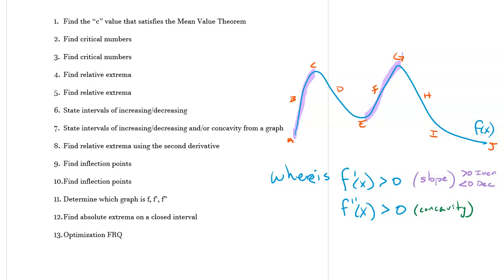If your second derivative is greater than 0, it's curving upwards. Most people think of it as a U shape. If f double prime is less than 0, that is... Oh, go ahead.